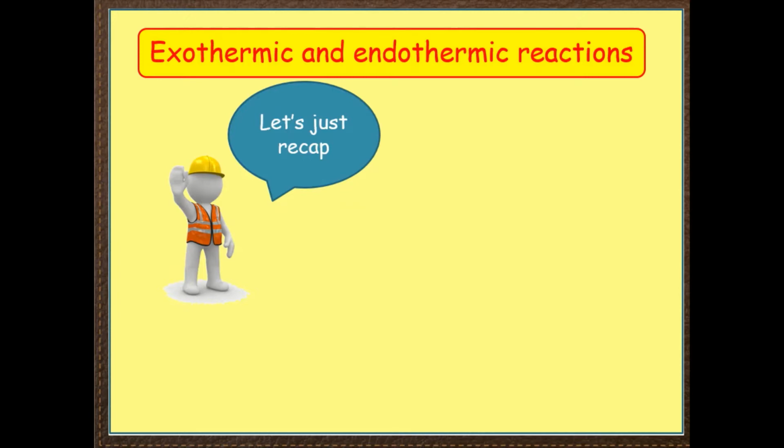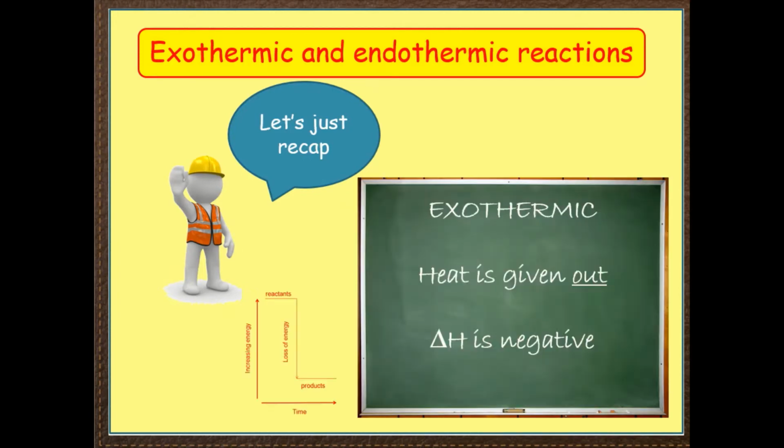So let's do a quick recap of what we learned previously on endothermic and exothermic reactions. Looking at exothermic reactions, we learned that heat energy is being given out when a reaction is exothermic, from the word exo, external, and thermic simply means thermal. How do you recognize an exothermic reaction?